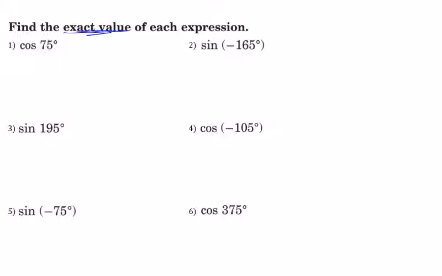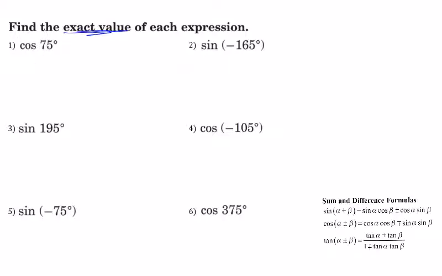The formula says for cosine of alpha plus beta equals cosine alpha times cosine beta minus sine alpha sine beta. So for 75, I want to try to think of this as a sum or difference of two angles, okay?